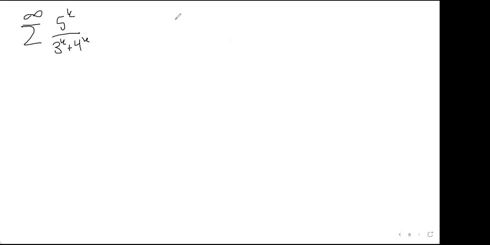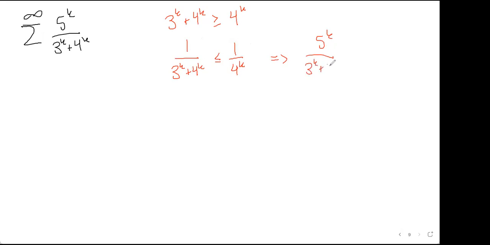So what we can say is 3 to the k plus 4 to the k, well, that's bigger than 4 to the k because you have the extra thing. If you flip these, taking the reciprocals changes the direction of the inequality. So this is less than 1 over 4 to the k. And then if you multiply on top by 5 to the k, we get that our series is smaller than 5 to the k over 4 to the k.